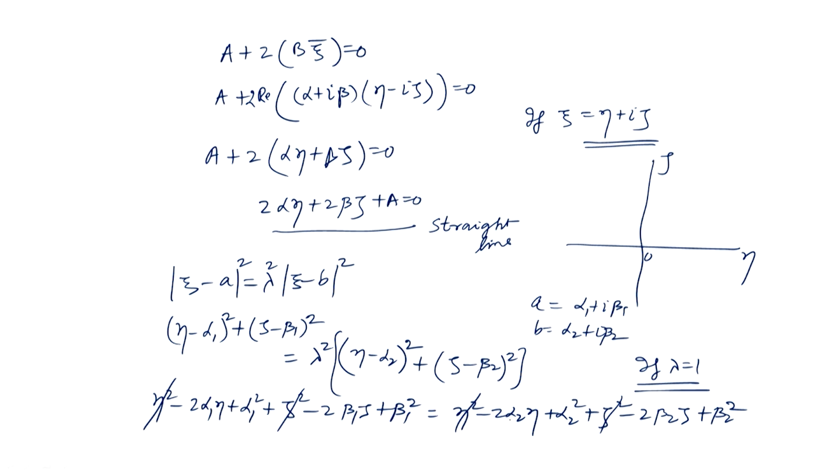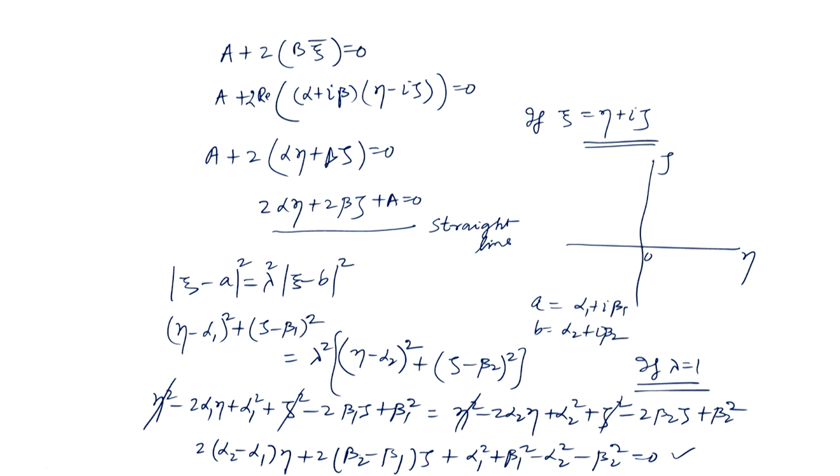So, we get 2 times alpha 2 minus alpha 1 into eta, and then we get 2 times beta 2 minus beta 1 into zeta, and then we get alpha 1 square plus beta 1 square minus alpha 2 square minus beta 2 square equal to 0, which is the equation of a straight line in the eta zeta plane. So, if lambda is equal to 1, mod of xi minus a equal to mod of xi minus b represents a straight line. But if lambda is not equal to 1, what will happen?